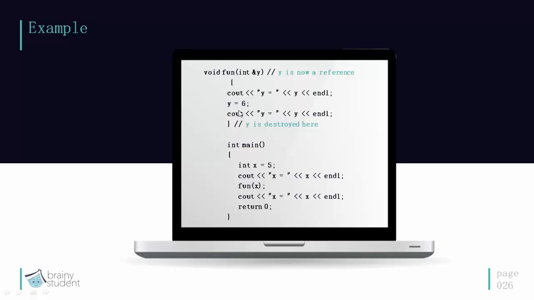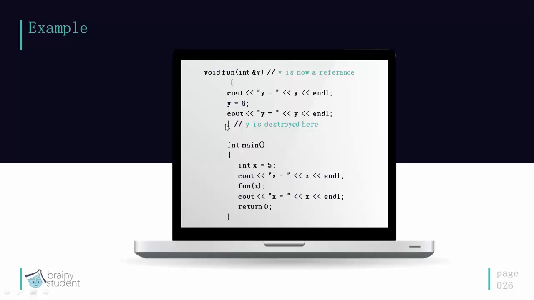Now I'm overwriting the value. I'm assigning y is equal to 6, and y is nothing but an alias of x. So now x has also become 6, correct? If I do cout y, the value of y will be 6 now because we changed the value.